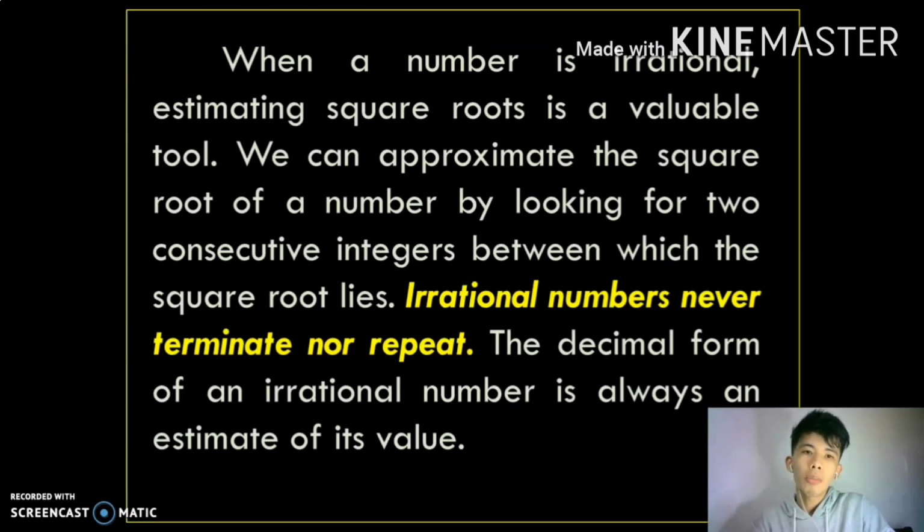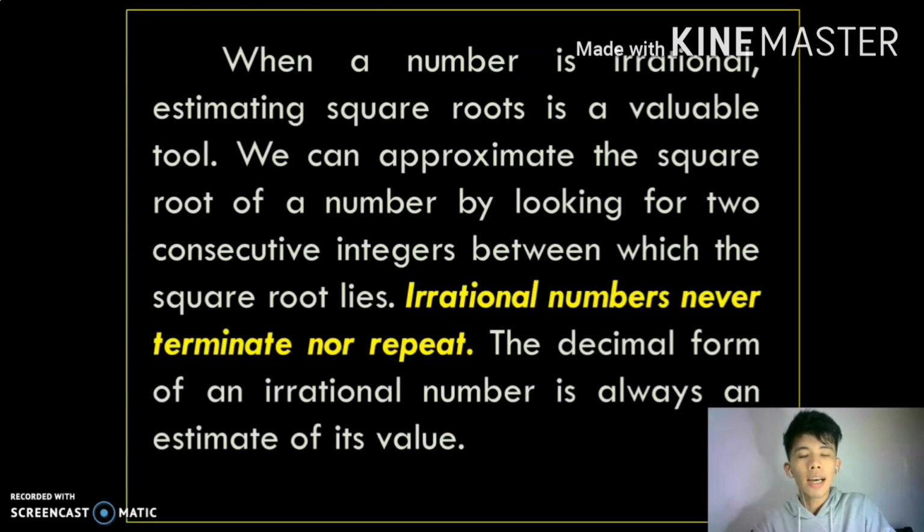So we can approximate the square root of a number by looking for two consecutive integers between which the square root lies. Yun yung tinuro ko kanina. Kung ano yung dalawang consecutive integers, doon lang natin matatagpuan yung square root ng ating given. Irrational numbers never terminate nor repeat.